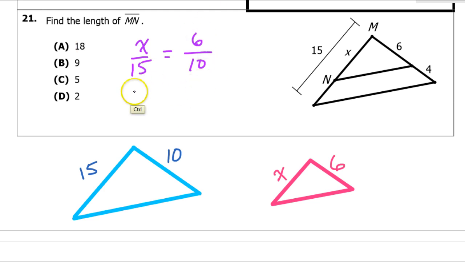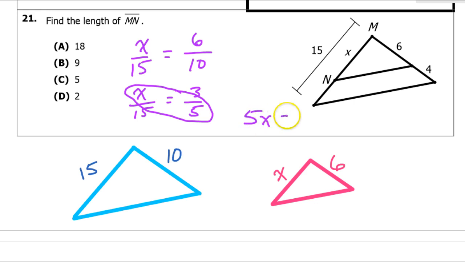Now I always like to reduce these fractions. So I have x over 15 is equal to, and if I divide both of these by 2, I get 3 over 5. Okay, and now I can cross multiply. When you cross multiply, you make an equation by putting these together. If I multiply here, that's going to be 5x. And 3 times 15 is 45.